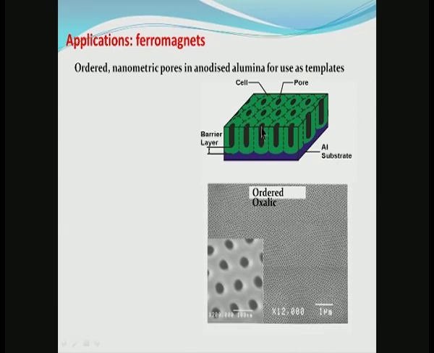As you can see here, these pores are nanometric in diameter and a few micrometers or a few hundred nanometers in depth. The transmission electron micrograph here shows the uniformity of the pores on top of this anodized alumina substrate.